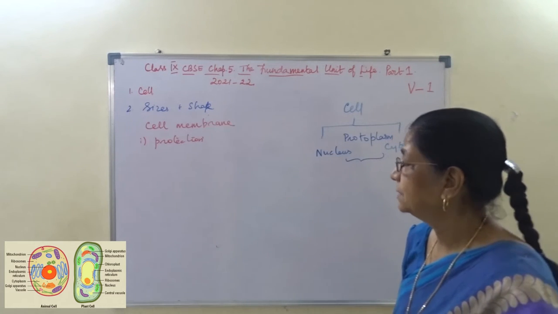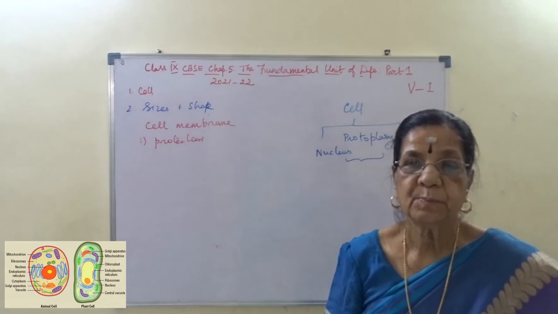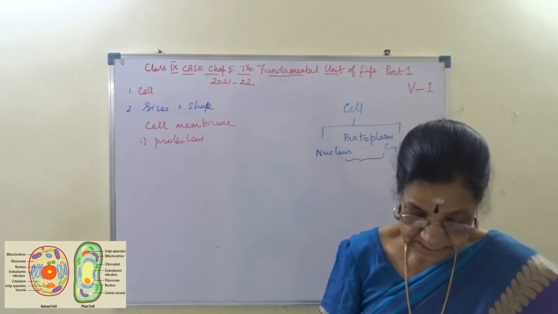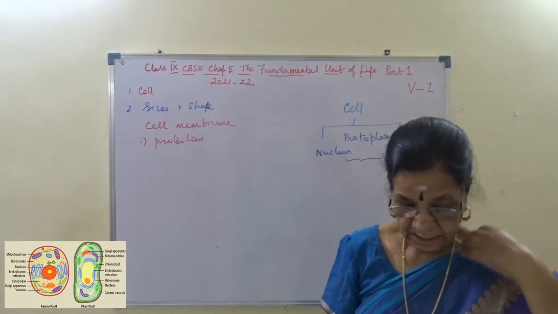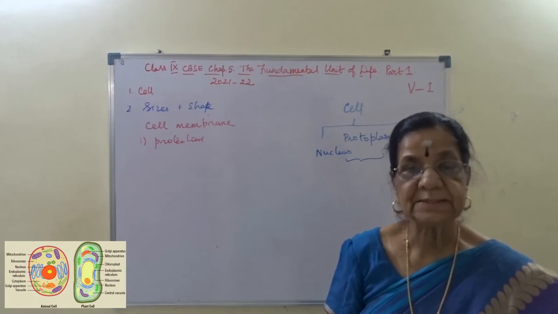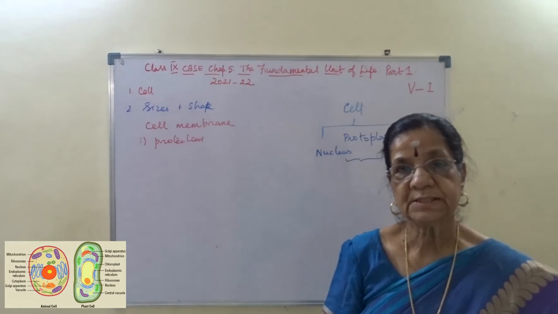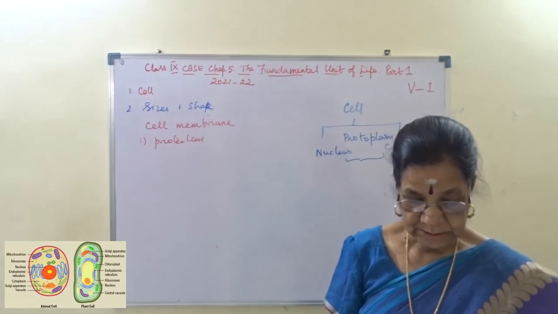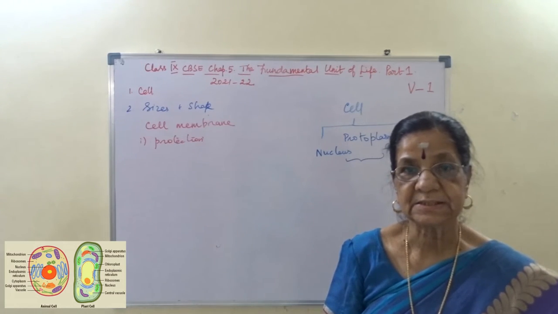Now the cell membrane is also known as plasmalemma or plasma membrane, and it has a significant role. The plasma membrane allows the entry and exit of some materials in and out of the cell. So transport is done by the plasma membrane, and it also prevents movement of some other materials.